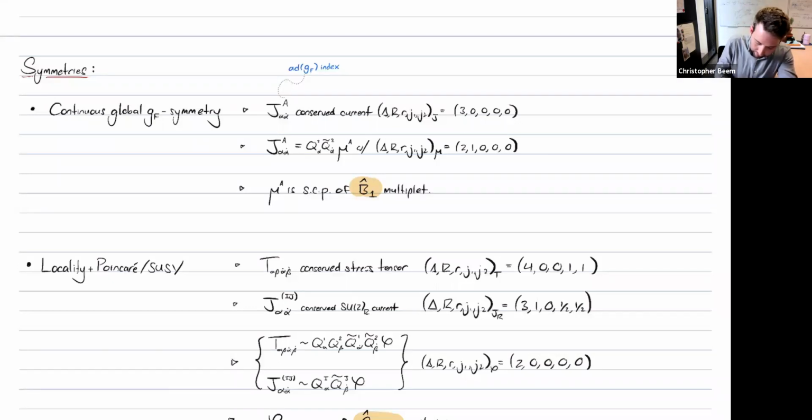And so that's going to be some operator that I'll call J, A, alpha, alpha dot. I almost always use spinorial notation for Lorentz transformation properties. So this is a vector in 4 dimensions, and it has an adjoint index with respect to some internal symmetry group. This is a conserved current.